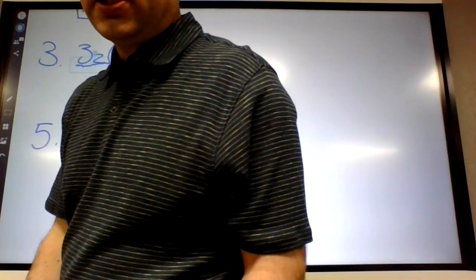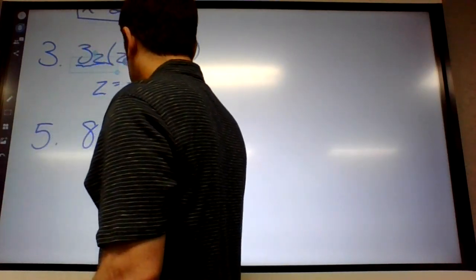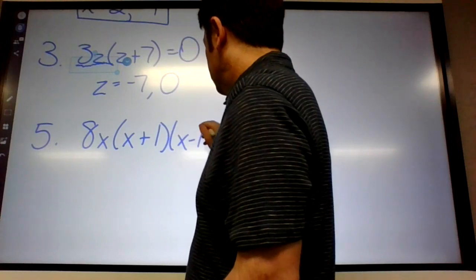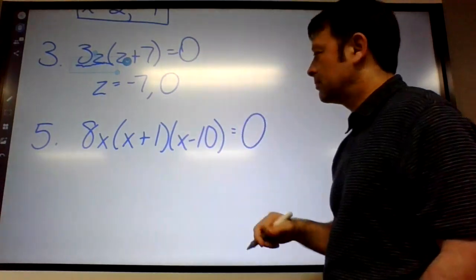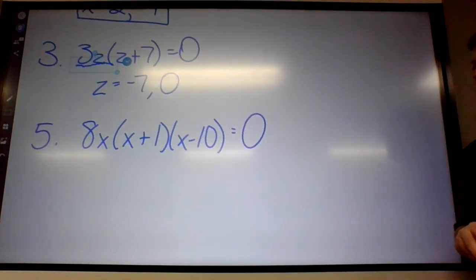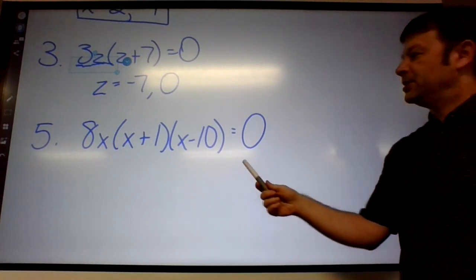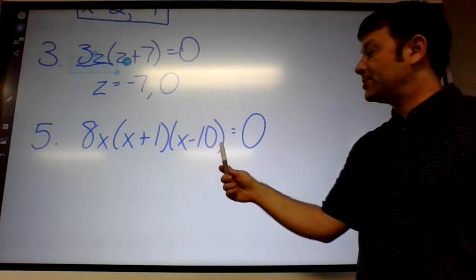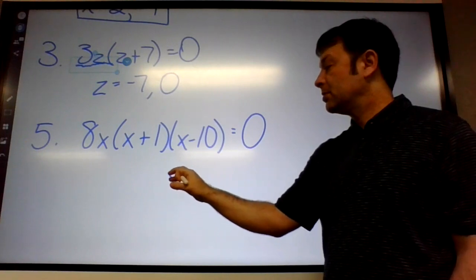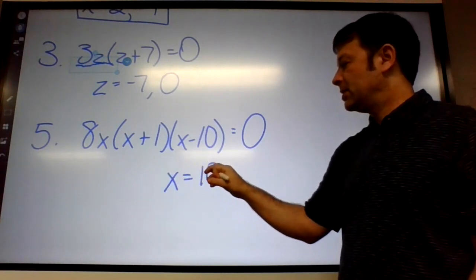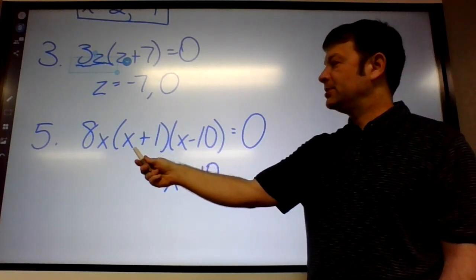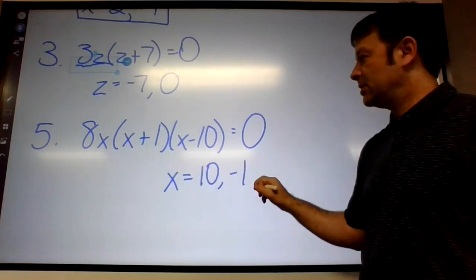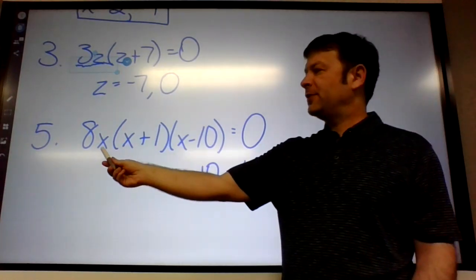Okay, 8x, x plus 1, x minus 10. All right, Luke, let's start on this side. What x value would make this factor 0? Plus 10. How about this one? Minus 1. Negative 1. If there's an x out in front? 0.